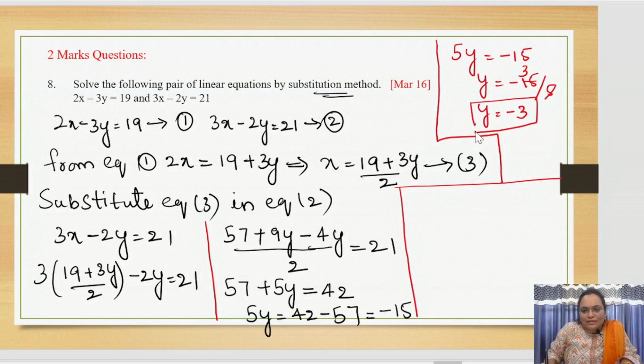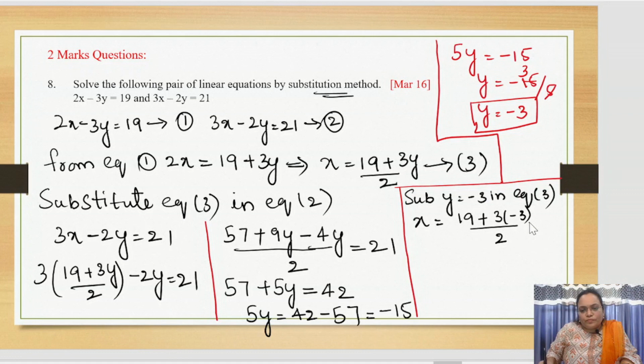Okay, when you get y is equal to minus 3, substitute y is equal to minus 3 in equation number 3. So you will get the x value, which is x is equal to 19 plus 3 of minus 3 by 2, which is 19 minus 9 by 2.